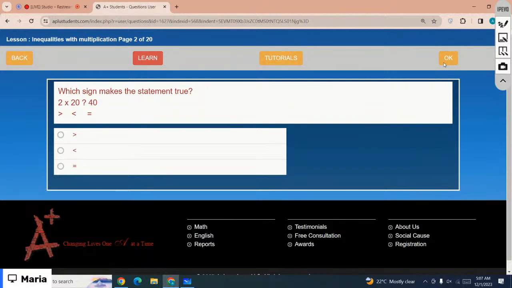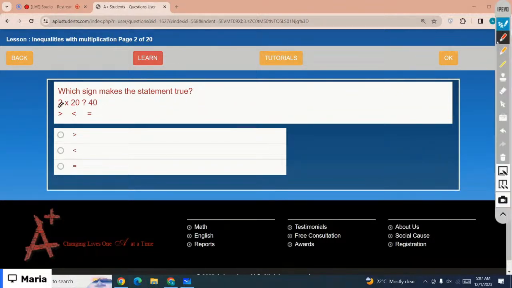The next one: which sign makes the statement true? Which is the correct option? Here you have 2 times 20, and 20 times 2 is 40, right?